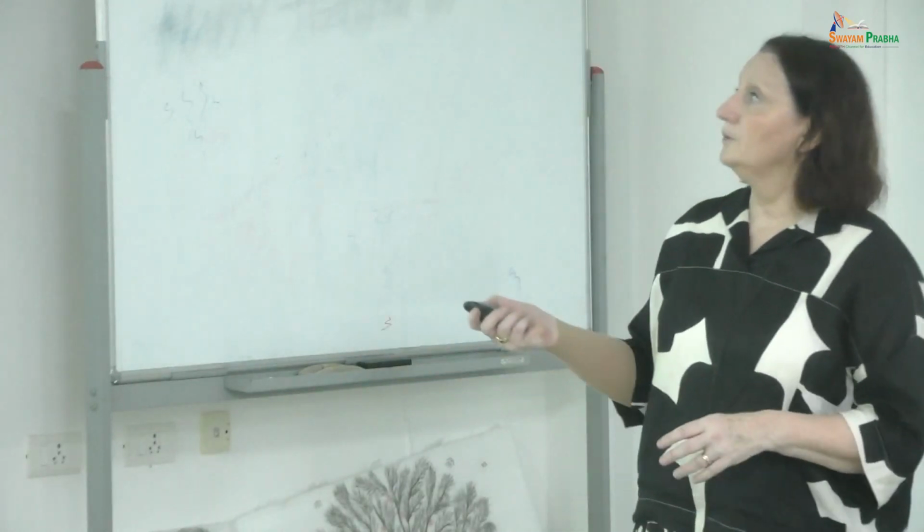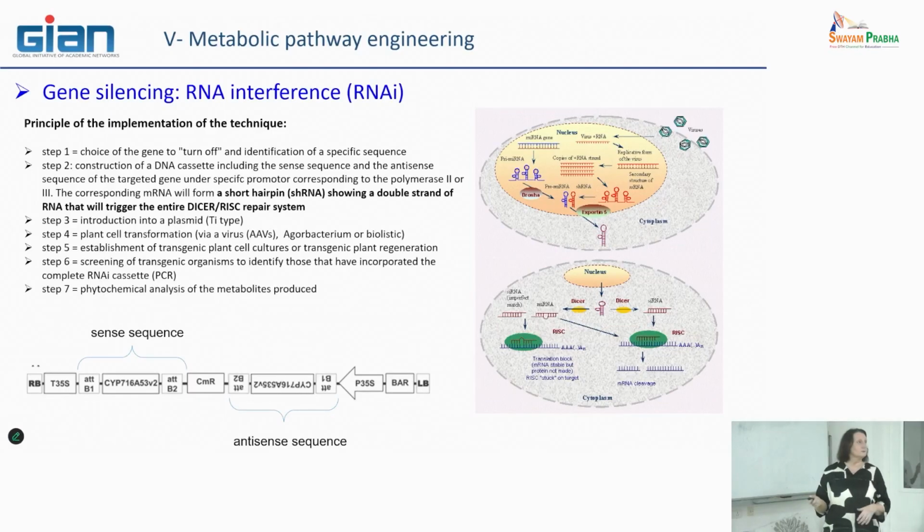Is it okay for everybody? So by this strategy, you see, we can easily modify the cell genome. We can produce this sort of hairpin with this double strand. In the cytoplasm, this system is recognized by the natural Dicer system that occurs normally in the plant cell.